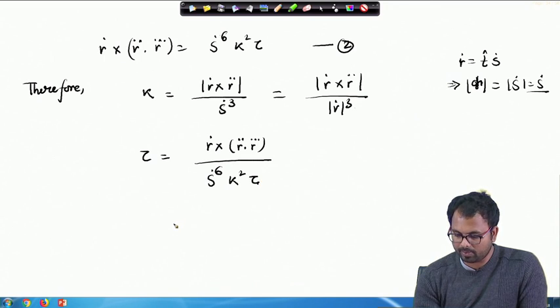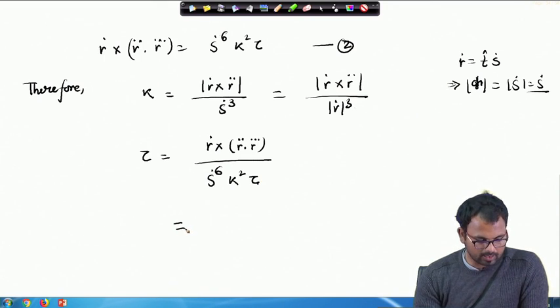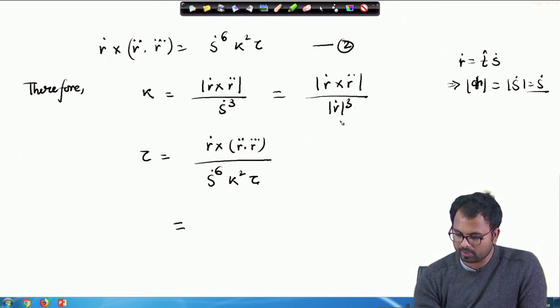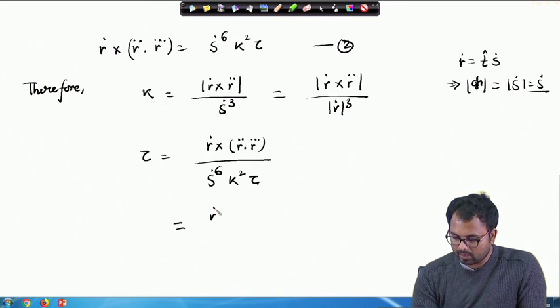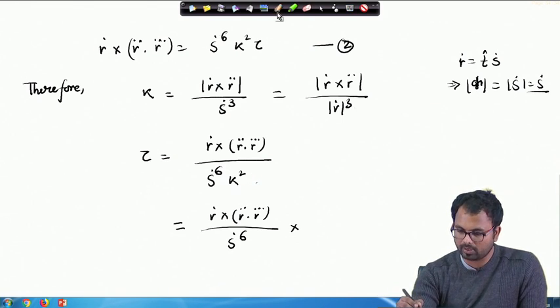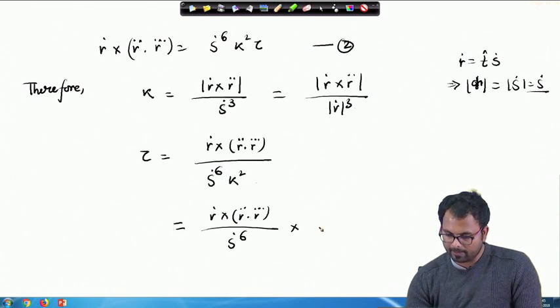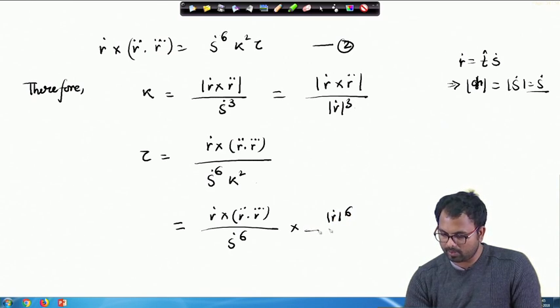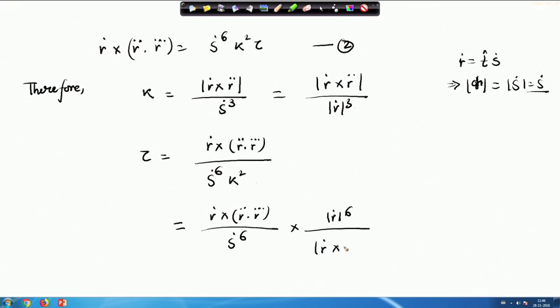Now, kappa square is basically, from relation number 1, the mod of r dot cross r double dot whole square divided by r dot to the power 6.